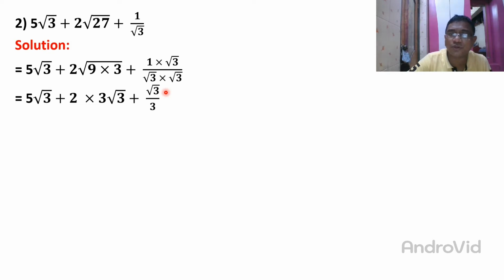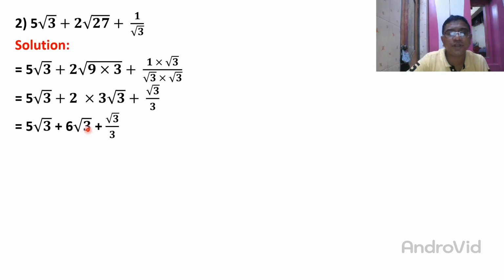Root 3 into root 3, what do you get? 3, so here I write 3. See, here is root 3, here is root 3, here is root 3. So root 3 is common, so it can be written outside the brackets. So here is 5 root 3 plus 3 twos are 6 root 3 plus root 3 upon 3.